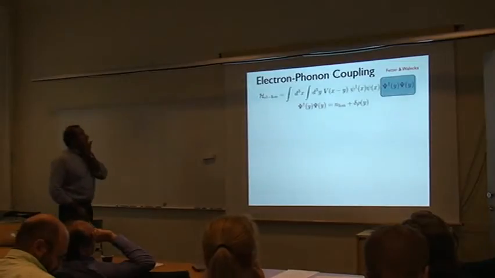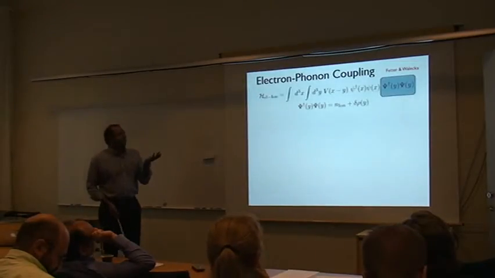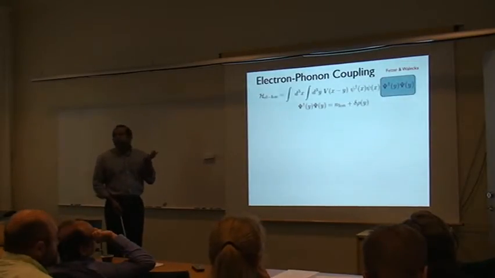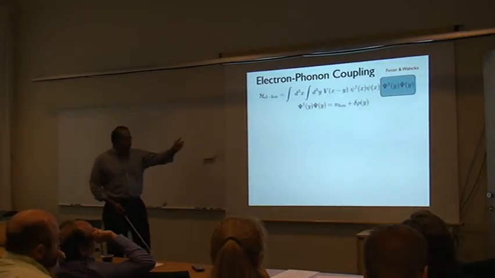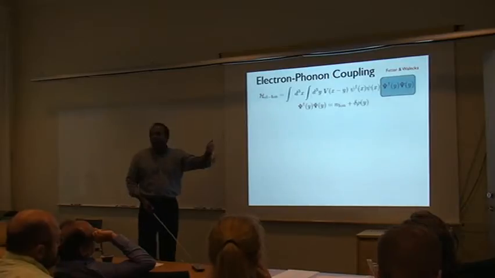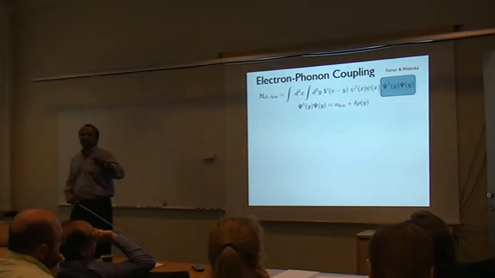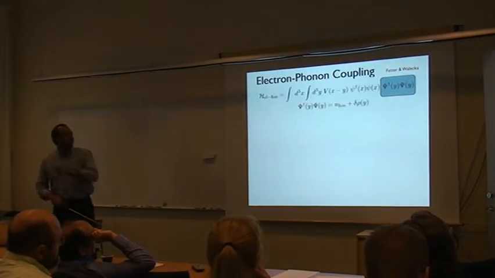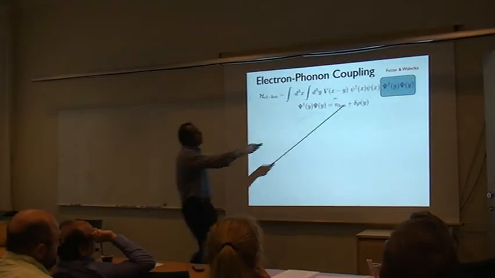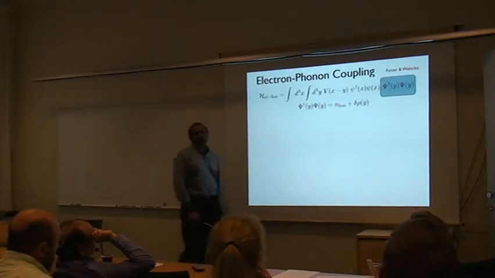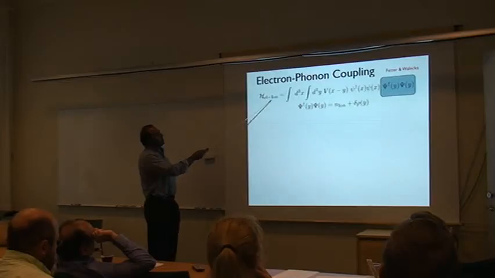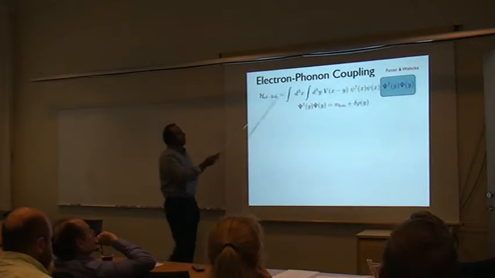Okay, so this may be familiar to most of you, but just as a reminder, how do you go from a fundamental Hamiltonian that has particle degrees of freedom to some collective degree of freedom? There's a very simple derivation that you can find in Fetter and Walecka, which shows that, okay, we have an interaction here between electrons and ions.